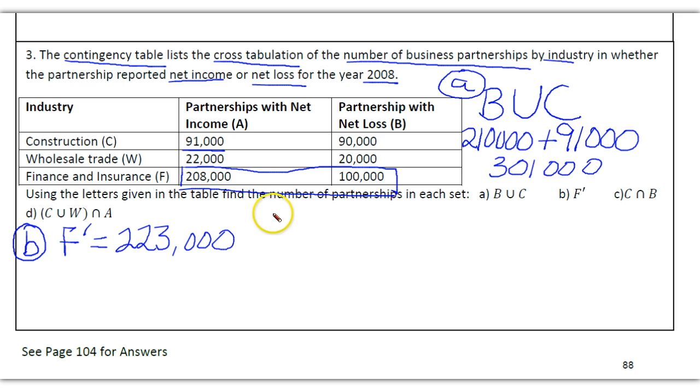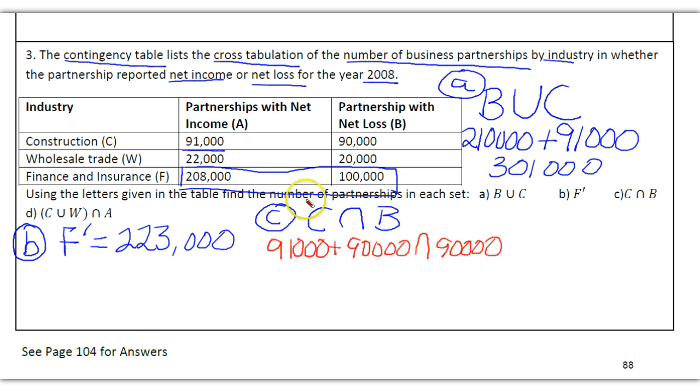All right, let's look at C. We're asked to have C that intersects with B. So as we look at C, there's C, it is these two.